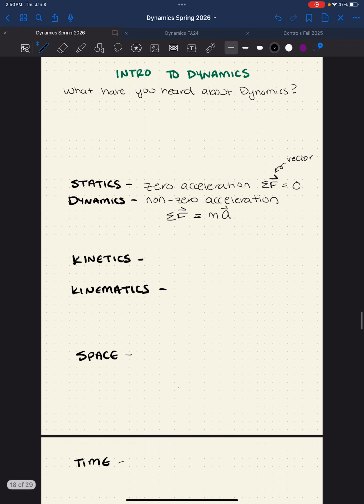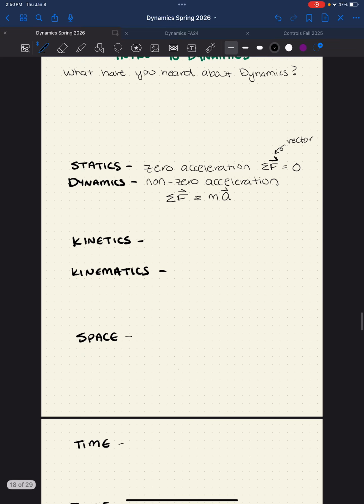And we talked about how important this equation is for this class. Almost everything that we do in the rest of this class comes back to this sum of forces equals mass times acceleration equation. And this equation is so important that we even have different names for the types of analyses that go with the left-hand side of this equation versus the right-hand side of this equation.